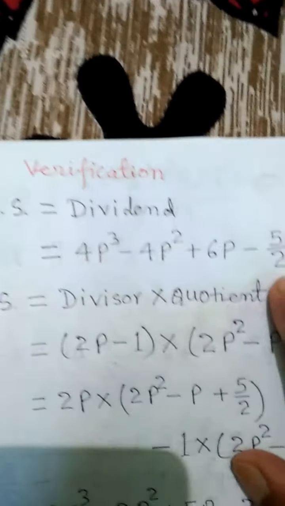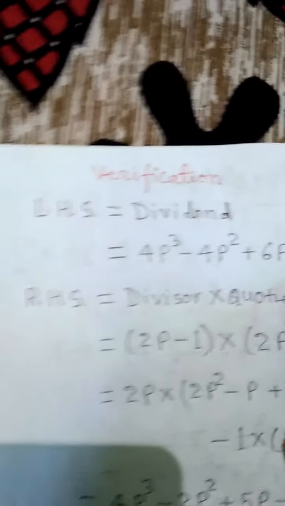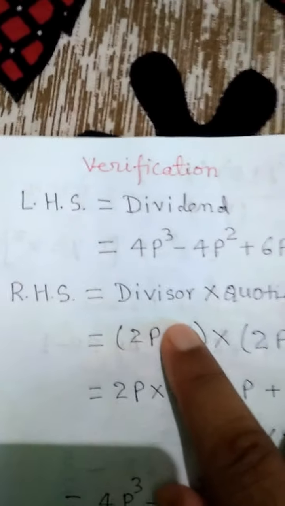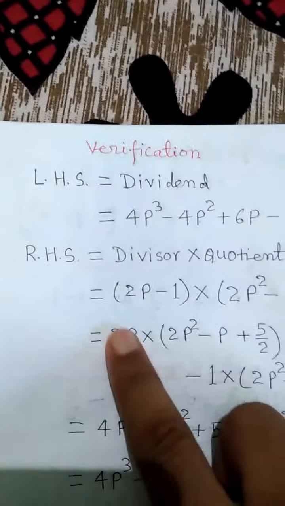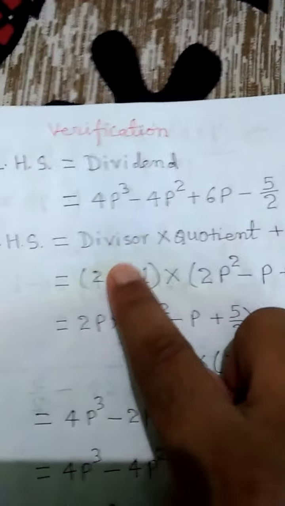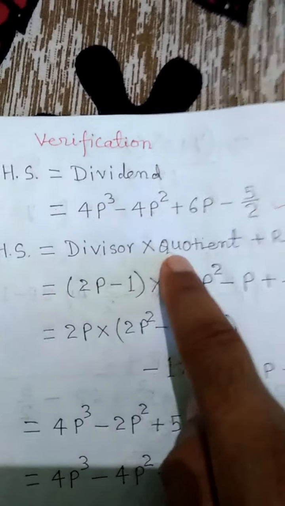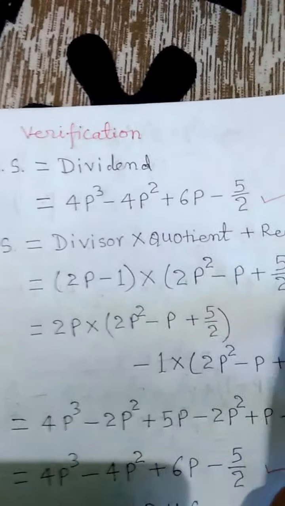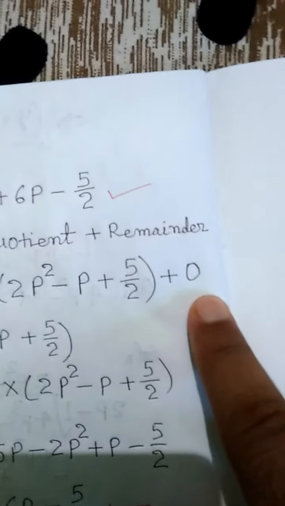It is given. And RHS is equal to divisor into quotient plus remainder. This is the divisor, it is given in the question. This is the quotient, which is obtained by solving, and this one is the remainder.